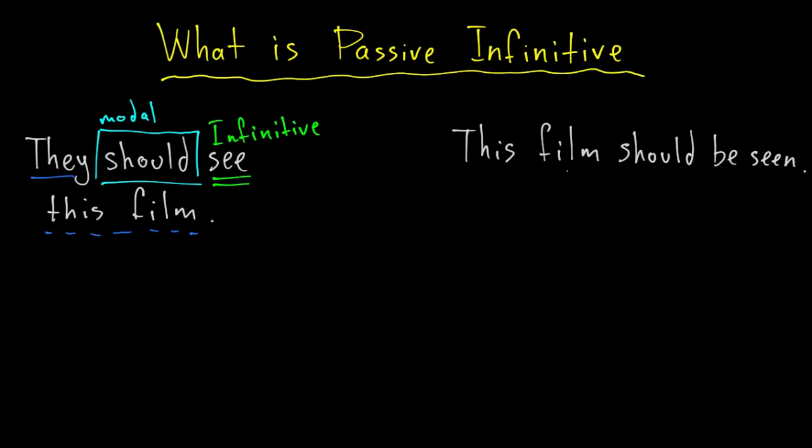So this is sentence number one. Number two, this film, once again, it is a subject. Then again we have should, modal verb. And then we have this mysterious thing, be seen. So what is be seen? Of course we all know pretty well that after modal verbs we use infinitives.